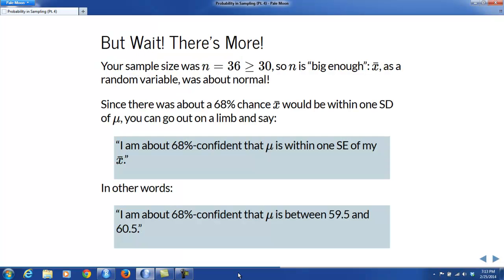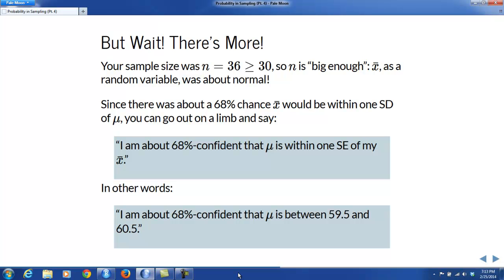But there's more. Your sample size, 36, was big enough beyond our cutoff where we typically say that the central limit theorem kicks in. And so by your probability theory, you know that x bar as a random variable was about normal.